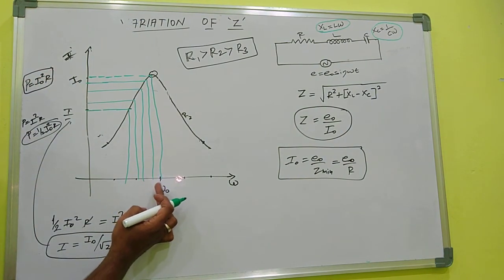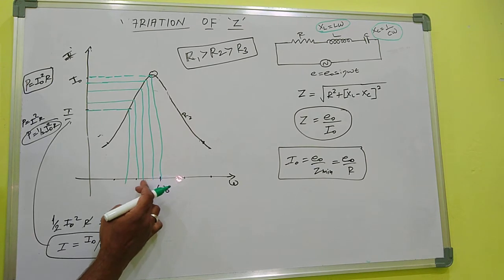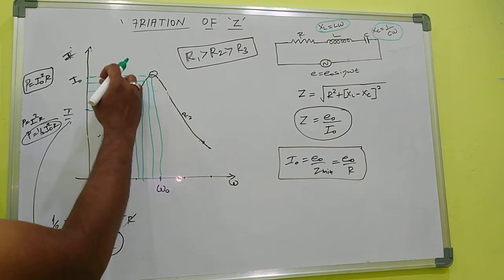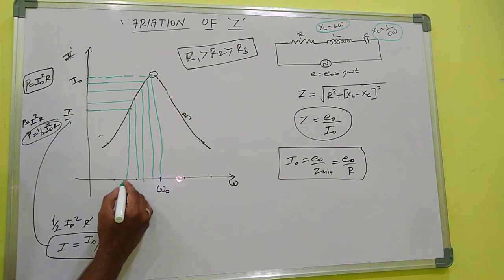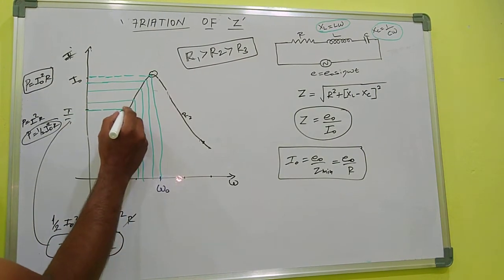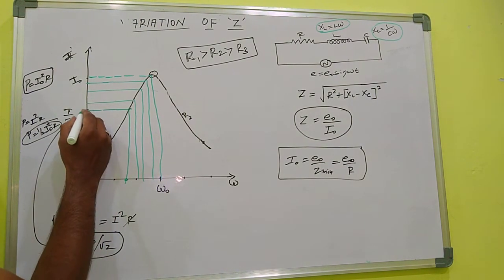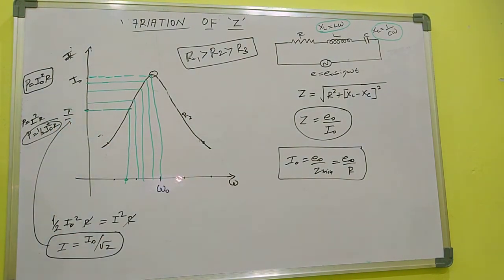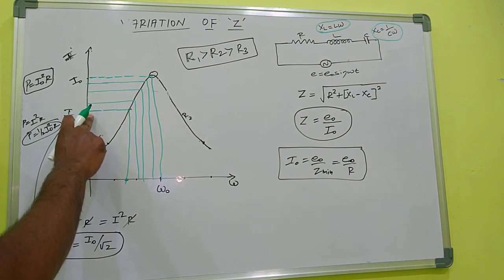When the frequency gradually decreases, the current decreases, so the power decreases. At this frequency, the current becomes I equal to I naught by root 2, so the power becomes half of its peak value. So the power is half here.